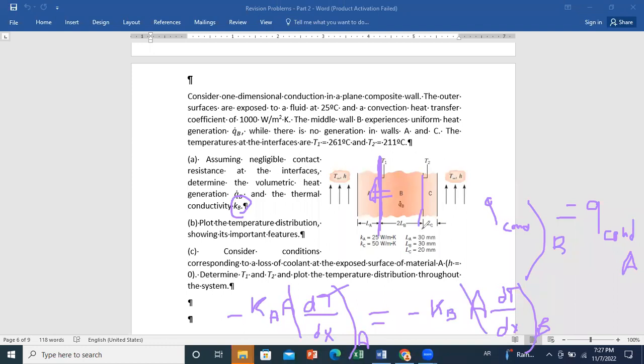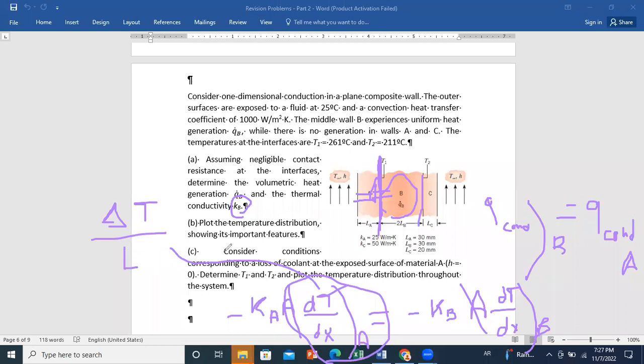But since you have generation in B and steady state and no generation in A, in A you have a linear profile of variation. So in the course material, you are just responsible to know that when you don't have generation, only pure conduction, you can calculate the flux dT by dx as minus delta T in the x direction over the length, okay?